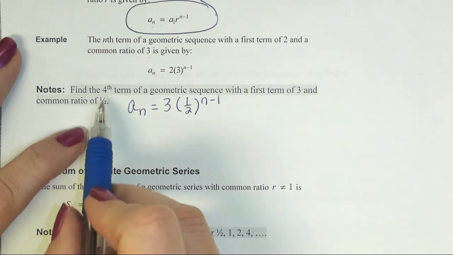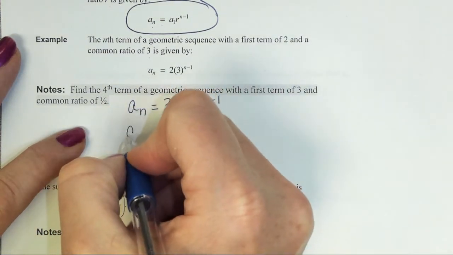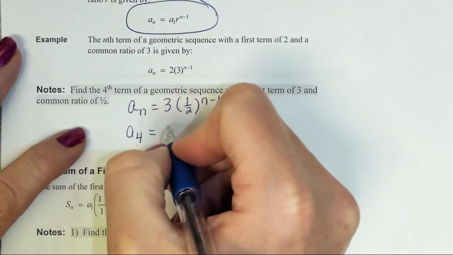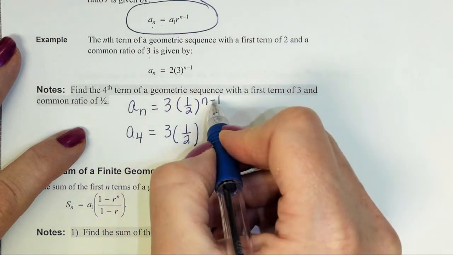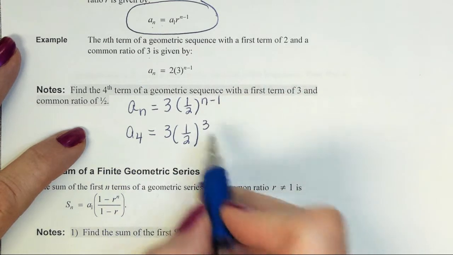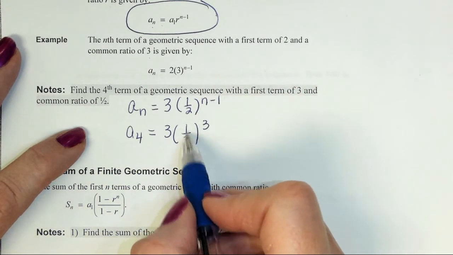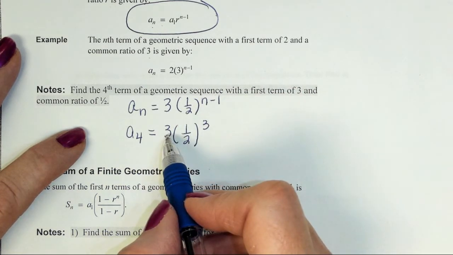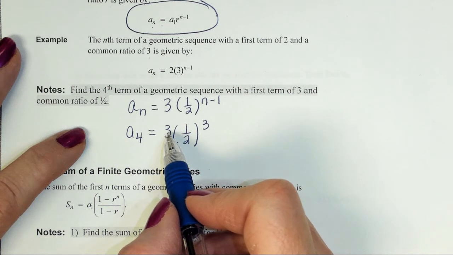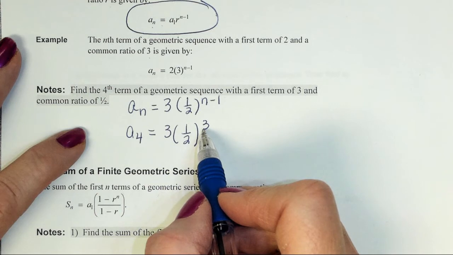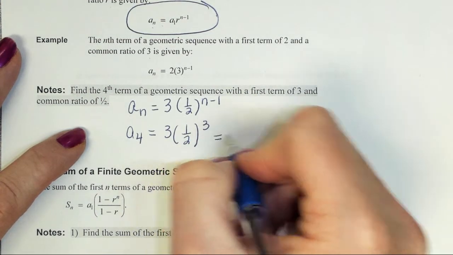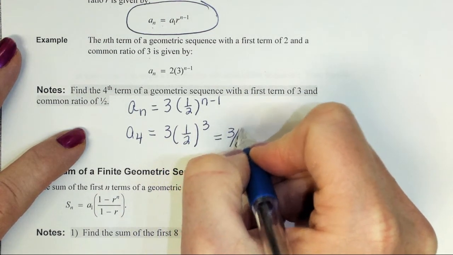And so now if I want to find the fourth term, I would say a sub 4 equals 3 times 1/2 to the 4 minus 1, which is 3. I always have to do my exponents before I do multiplying because of PEMDAS. Exponents go down first. So what is 1/2 to the third? 1/8 times 3 would be 3/8.